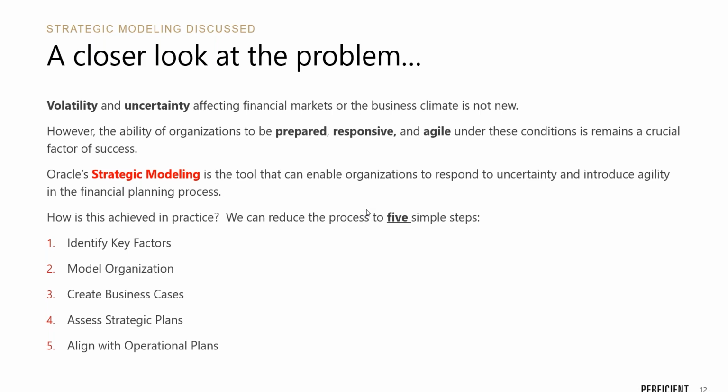You can then create business cases. Those business cases form the foundation of the what if scenarios. Then it allows you to assess those strategic plans, layer in your actuals, and compare how your actual company performance is progressing against the strategic plans that you've laid out. And then you can align those strategic plans with your operational plans. So those 5 steps are essentially what we're talking about in strategic modeling.